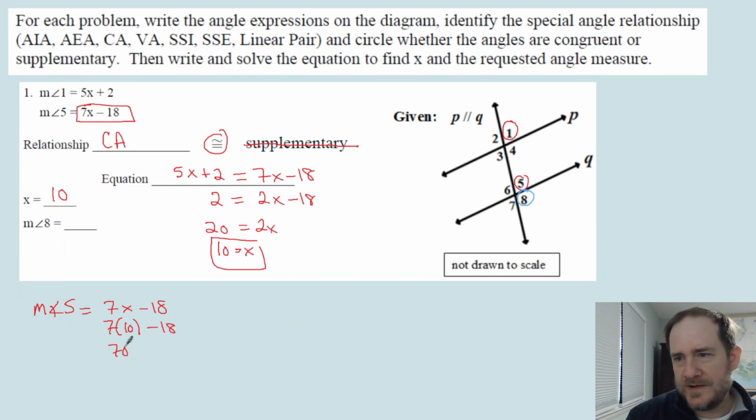So you get 70 minus 18, which is 52 degrees. Then, since that's what angle 5 is, you know that angle 8 and 5 are supplementary. So you know that the measure of angle 8 is just 180 minus 52, which is 128. And that's it.